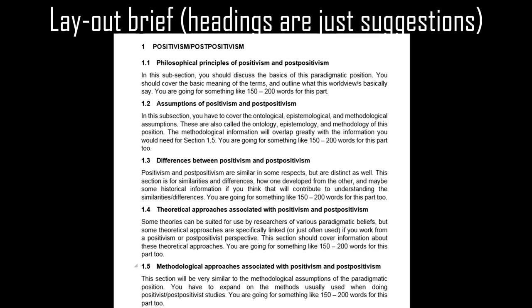So write a section of 150 to 200 words per subsection, and in each subsection cover the specific details that must be in there. Read on your screen what I mean. Then you are so much closer to having a completed essay.